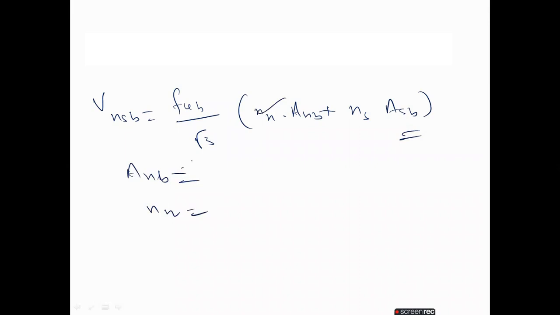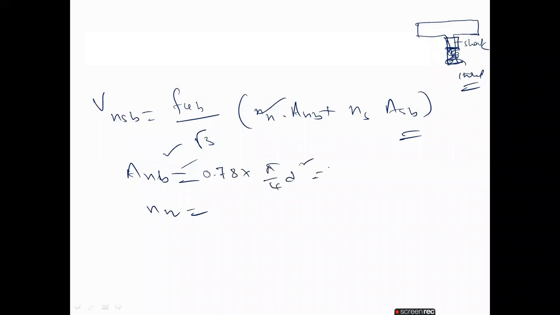What is Anb? Anb is the net area of the bolt at the thread. For a bolt, this portion is the thread and this portion is the shank. The formula is Anb equal to 0.78 into pi by 4 d square, where d is already known, 20 mm.